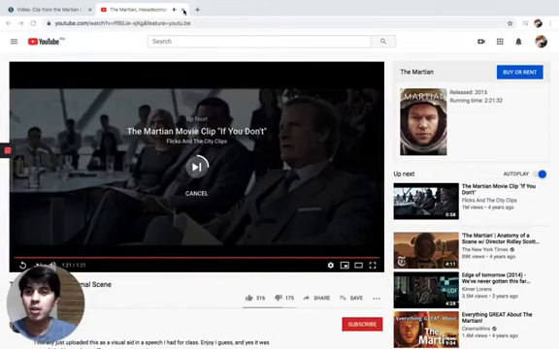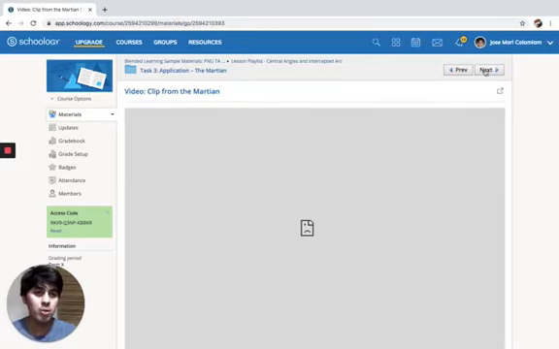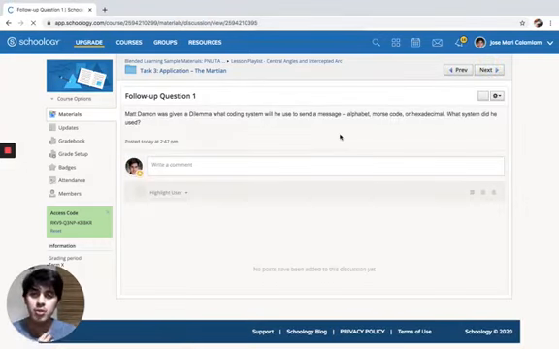Then after that, we're going to continue with the follow-up questions. For the follow-up questions, there are 3 coding systems that he needs to decide, and then you need to ask your students some questions about the video. In this case, we have alphabet, Morse code, and hexadecimal. In the video, Matt Damon used hexadecimal.